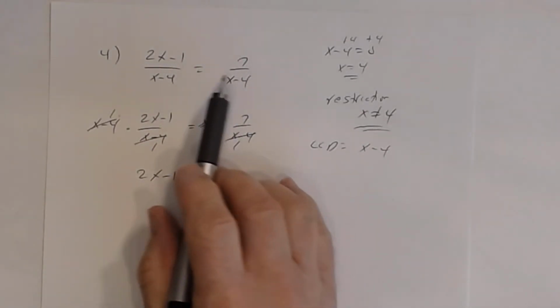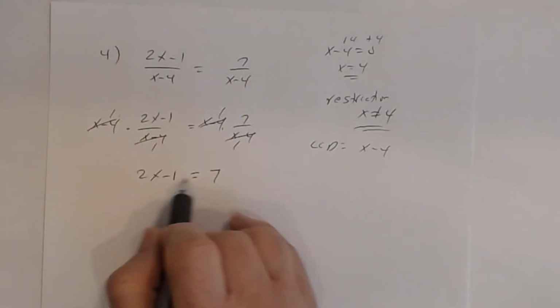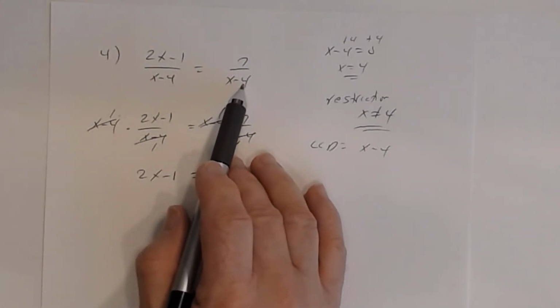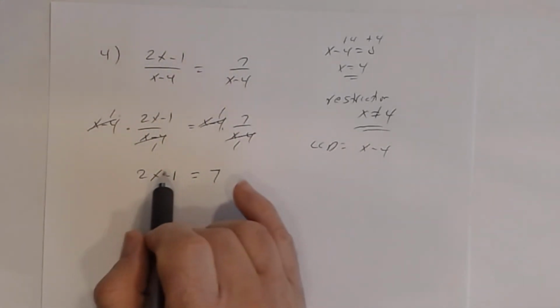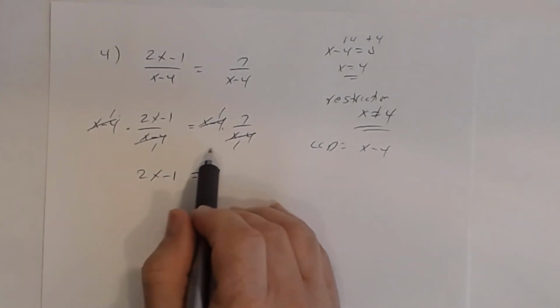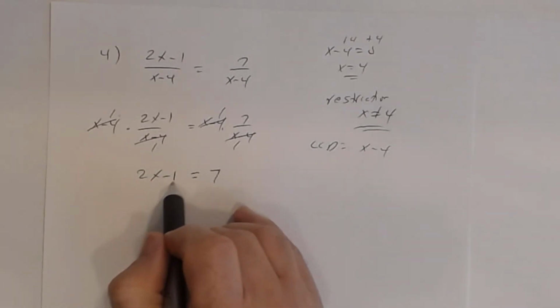So notice I went from a rational equation with variables in the denominator to a linear equation where the denominators are all 1s. So let's go ahead and solve this linear equation.